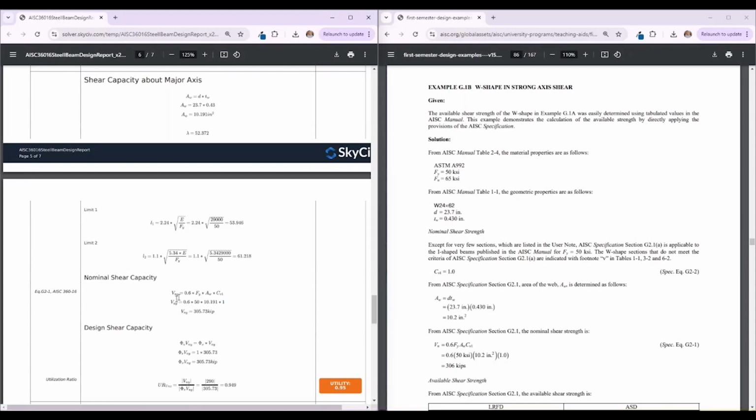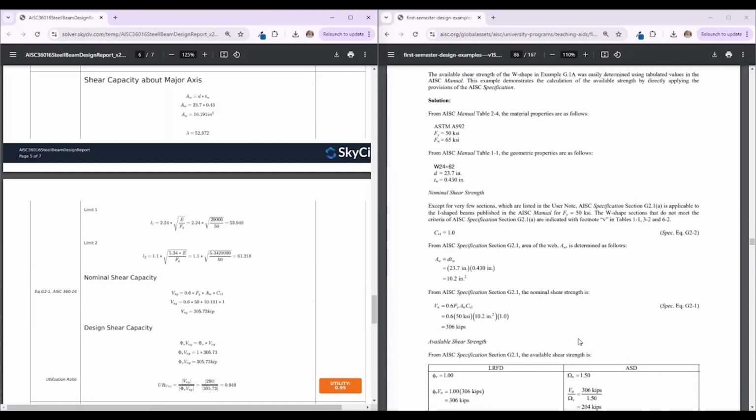Continuing on from AISC specification section G2.1, the area of the web, Aw, is determined as follows. Aw equals depth times web thickness. As you can see in the SkyCiv calculation report, SkyCiv uses the same calculation to determine the area of the web.